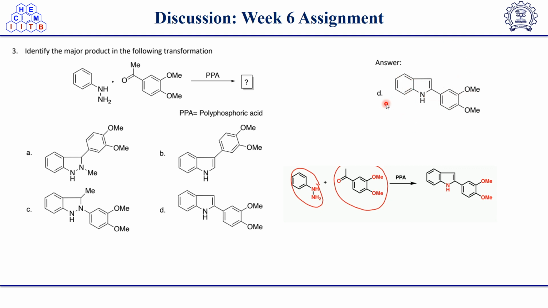Then finally a loss of an ammonia molecule and aromatization will give this indole. So that is the general mechanism. So this is basically the Fischer-Indole synthesis.